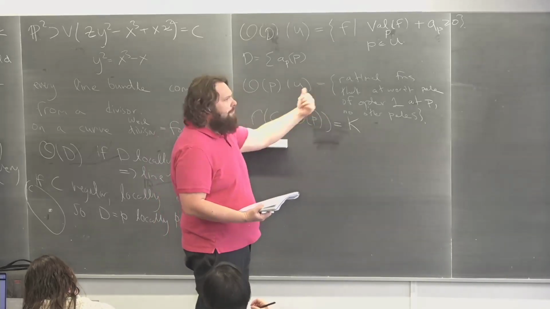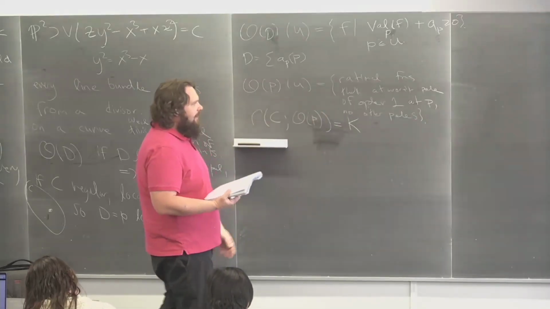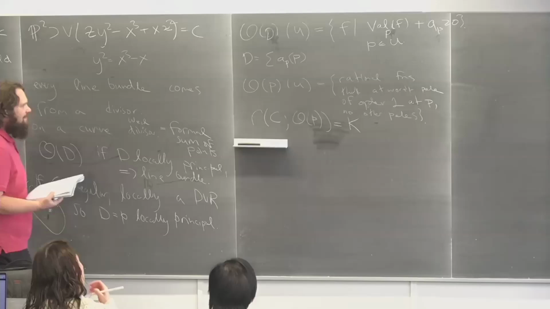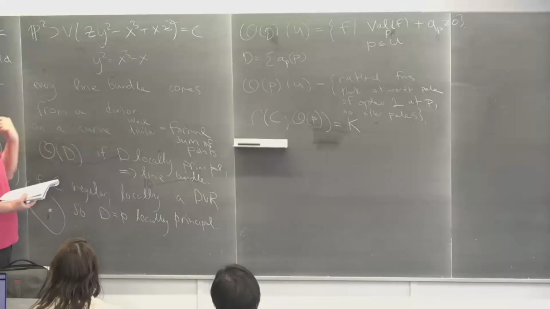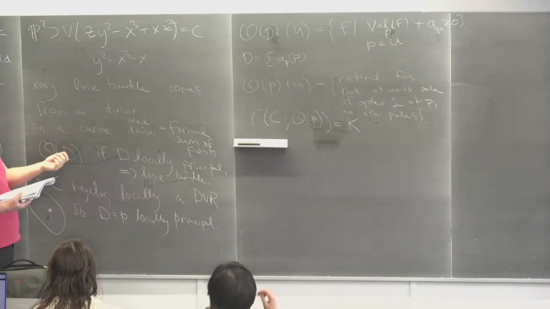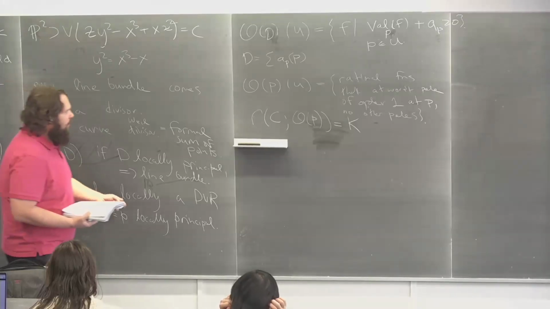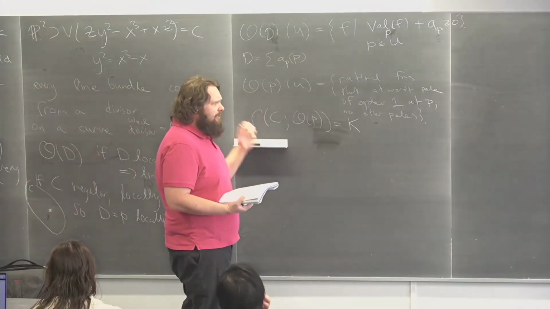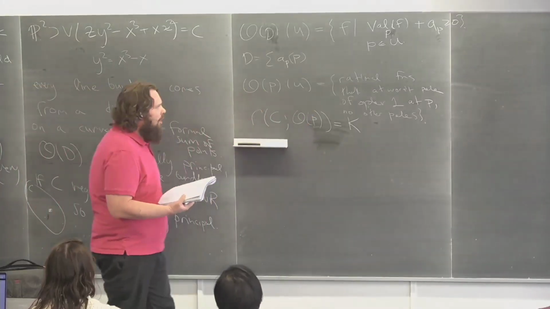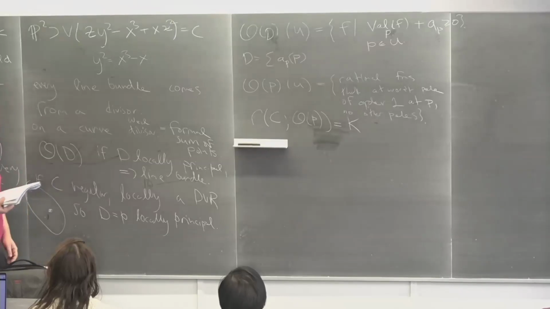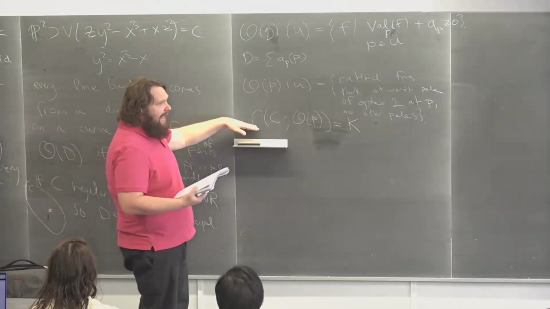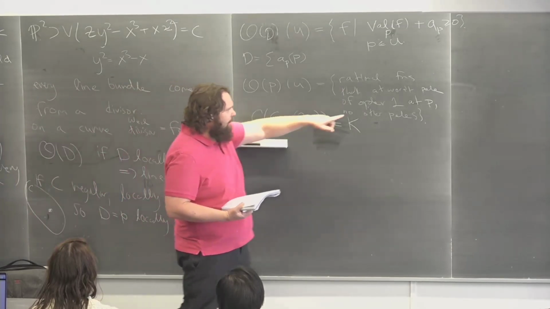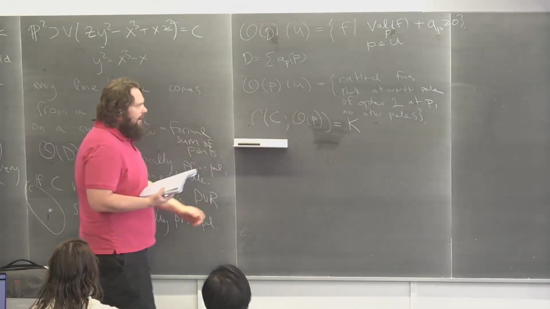Now, once I remove a point, then it's sort of a free for all. One of the things we'll prove a little later is that once you remove one point from a projective curve, you actually get something affine. So if I remove one point, there will be lots of possibilities by pushing all of the poles onto the point where I pulled out. But globally, I can't do it. I can't only make a pole of order 1 at one point.